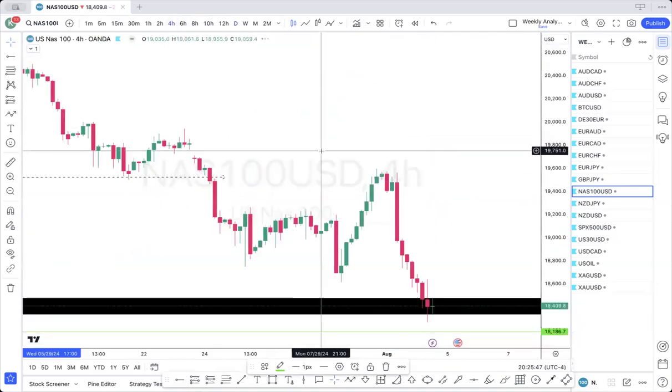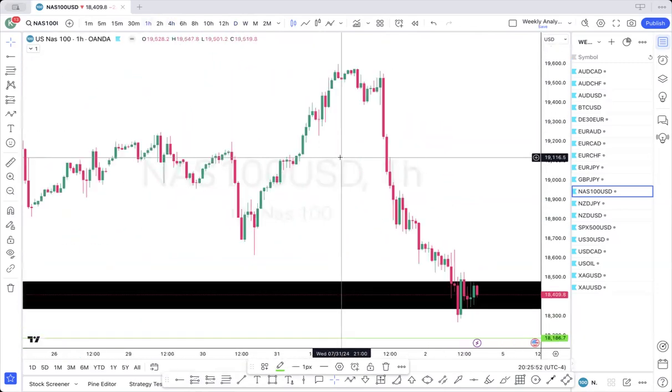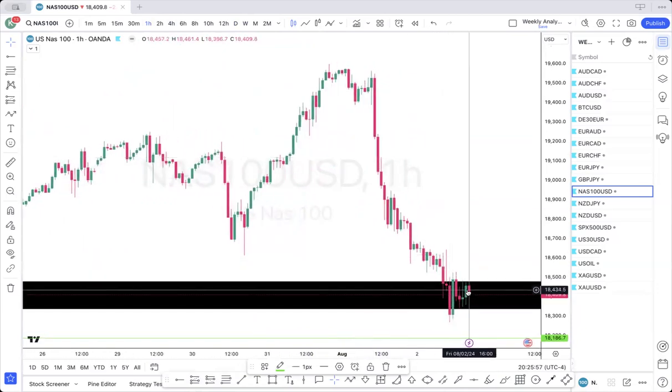So let's look at the 4 hour. Let's look at the 1 hour, and I'm just looking for a structure. So based on the 1 hour, we got a 1 hour bullish shorter block.